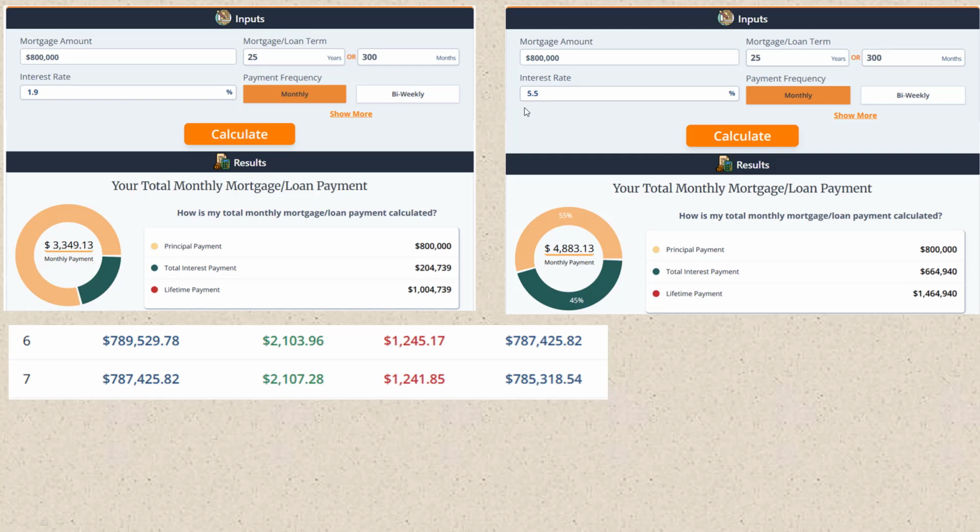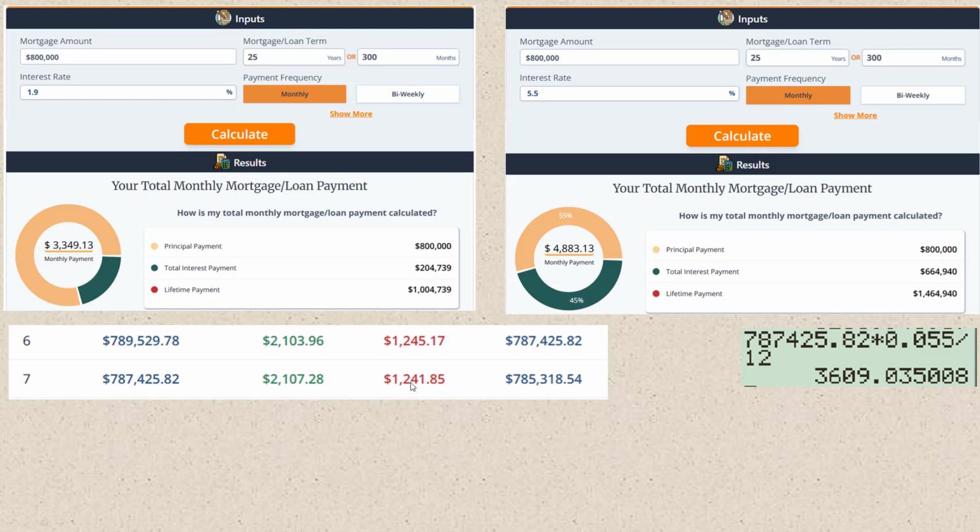Maybe not in a week, but maybe your variable rate mortgage is over several years, and over a long period of time, it went from 1.9 when you negotiated it, and now it's 5.5. Okay, so it's a lot of interest. So again, we're gonna start with the $787,425, and we're gonna calculate 5.5% of it. So $3,609 is the amount of interest for this month.